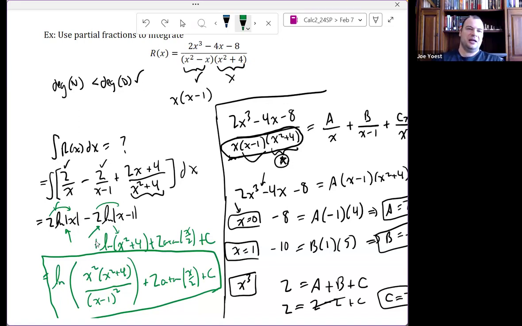This is something that I like to do, just as a check for myself. Does the result feel like it's in line with what I would expect from the integrand? I've seen a lot of integrals where the degree of the numerator is 1 less than the degree of the denominator, and they tend to look like logs.